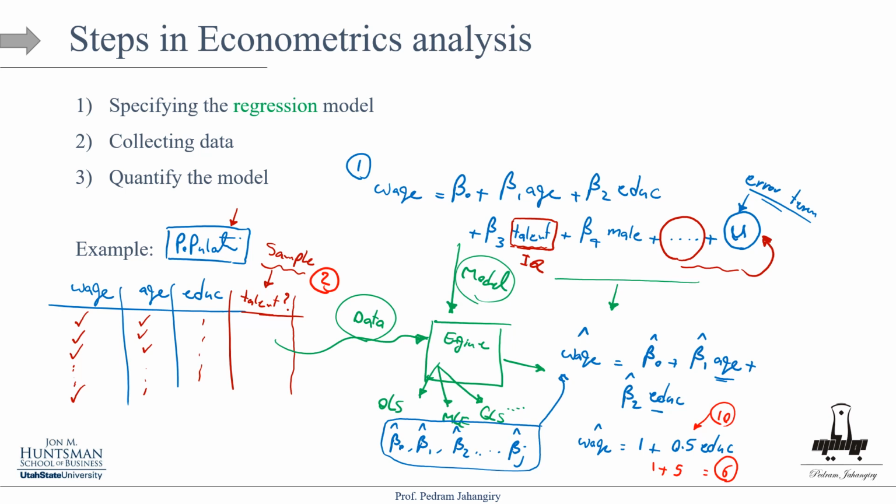So as you can see, quantifying the model is going to enable you to come up with a story, right? But now the really important thing is: why was I able to tell that story, or what gave me the power to interpret the model like this? If education increases by 1 unit, then on average wage is going to increase by, let's say, 50 cents. In order to answer that question, we have to check a bunch of assumptions.